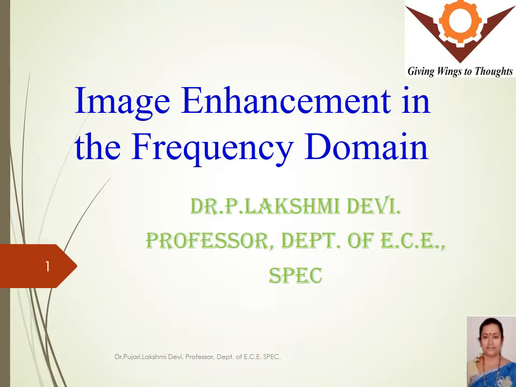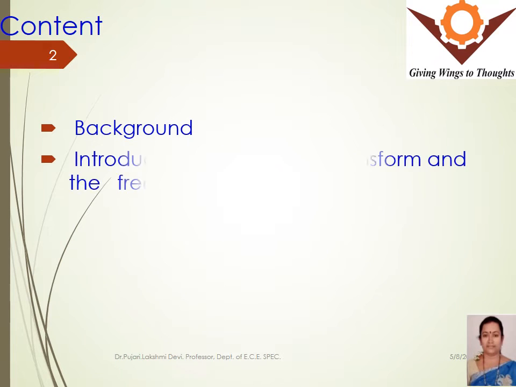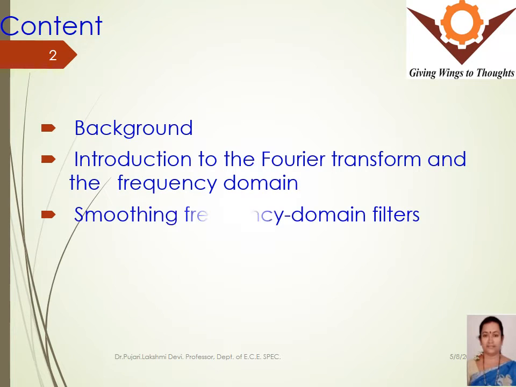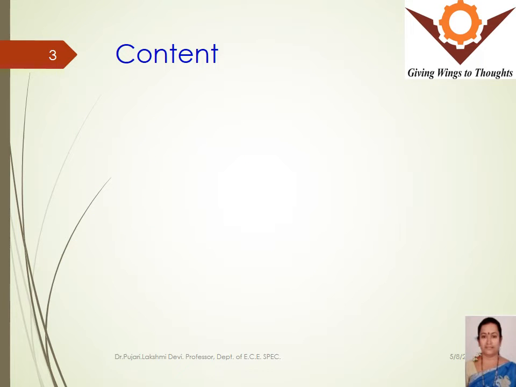Let us see now what are the main contents in this image enhancement unit in digital image processing. So: basic background as well as introduction to the Fourier transforms and the frequency domain, smoothing frequency domain filters, sharpening frequency domain filters.